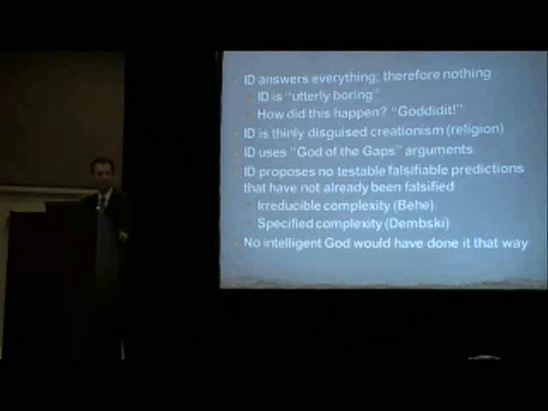Well, that's been falsified. Things are reducible. Nothing's irreducibly complex, so that's wrong. And specified complexity, proposed by Dembski, that's also been falsified. Nature can produce very specified levels of complexity just as easily as anything. So that's wrong.